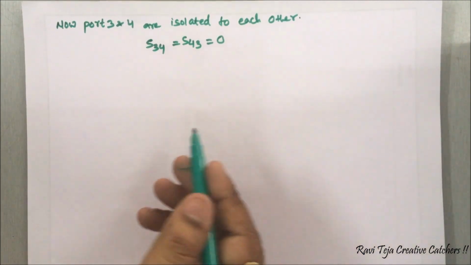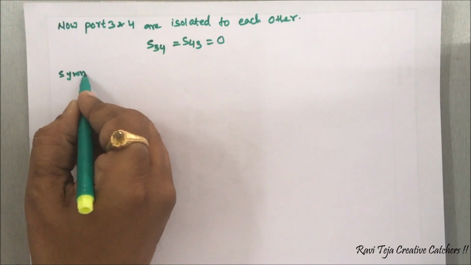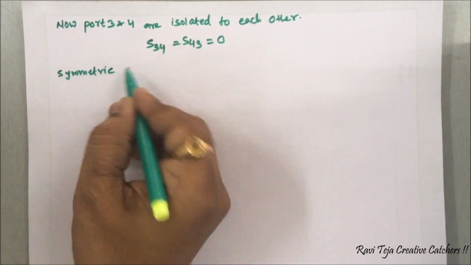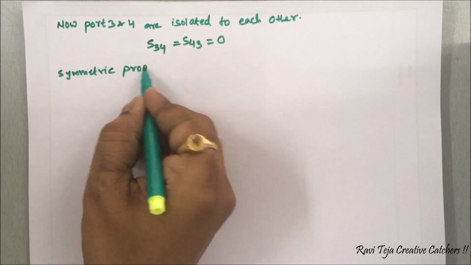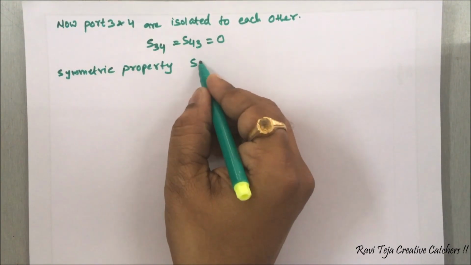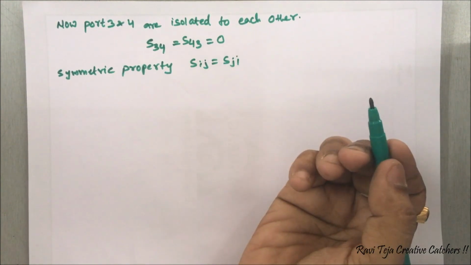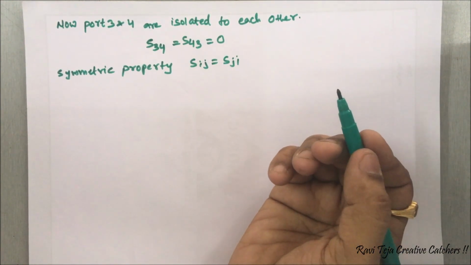Now we have got a symmetric property. So let us consider Sij is equal to Sji. Let's consider this symmetric property.